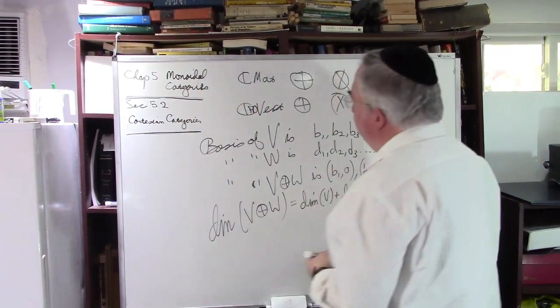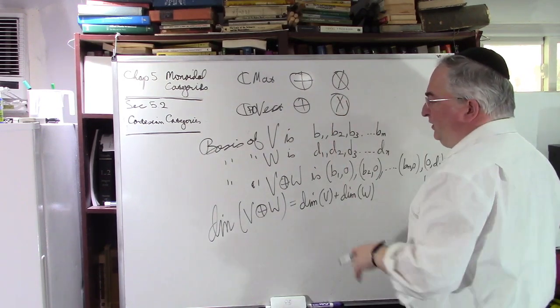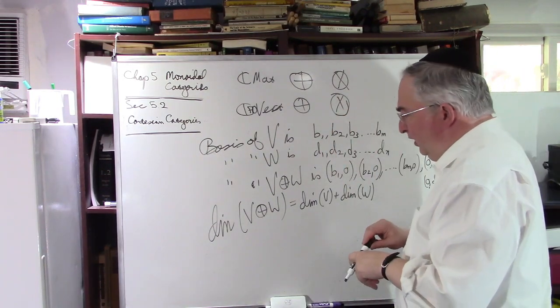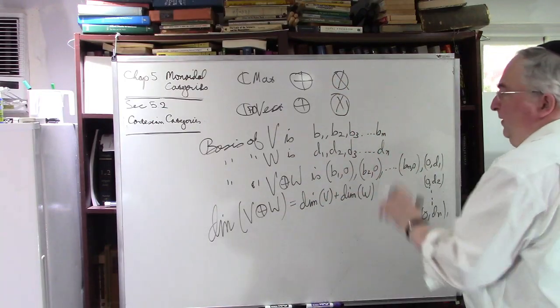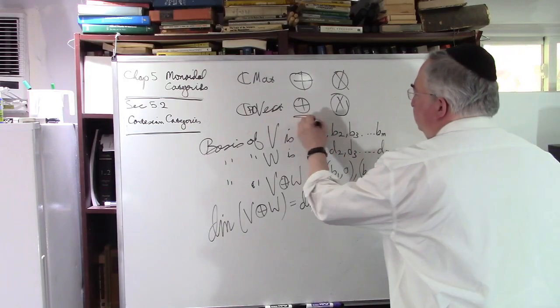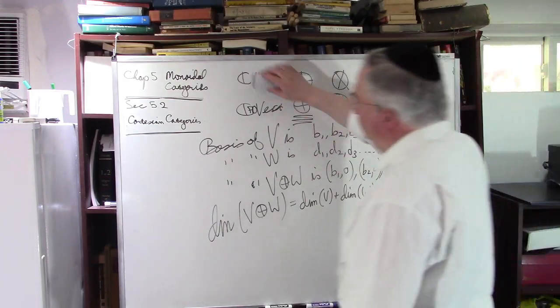The other operation on finite dimensional complex vector spaces we're going to see later on at the end of chapter 5. So far we've only seen this one, the direct product. Okay, and it behaves very nicely.